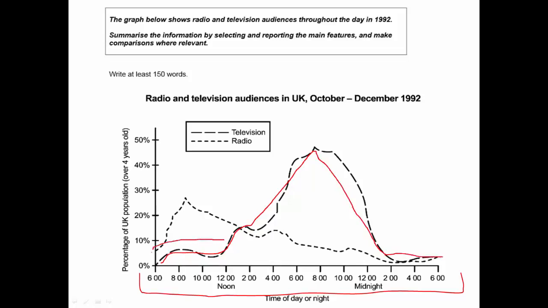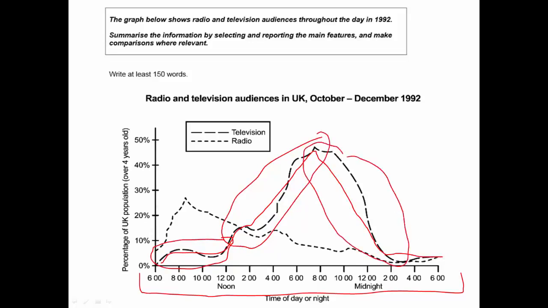So you'll notice that there are 1, 2, 3, 4 things just for television. So already we've broken the rule of between 2 and 4 things. So that means there are too many things that we describe in our overview. So it's fine to describe these things in our details paragraph, but for our overview, we can't do that.